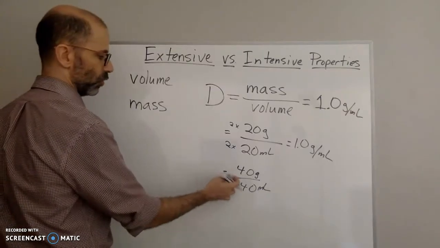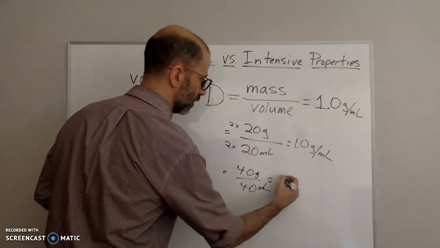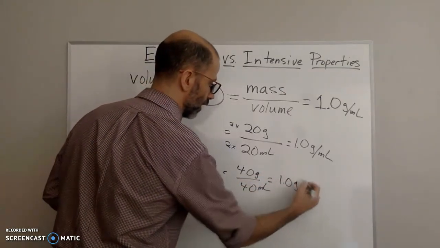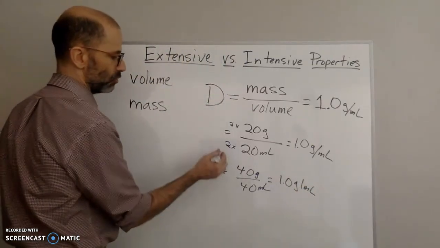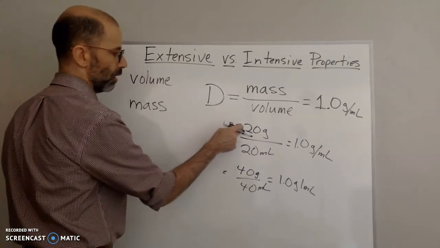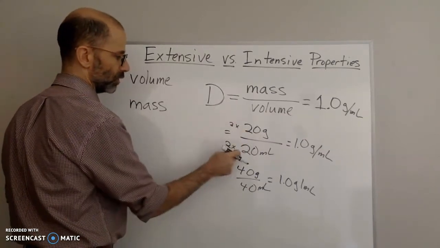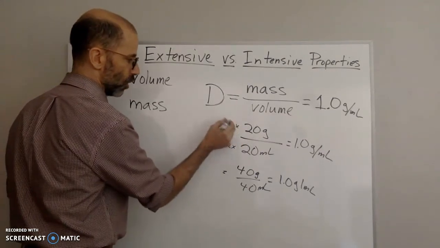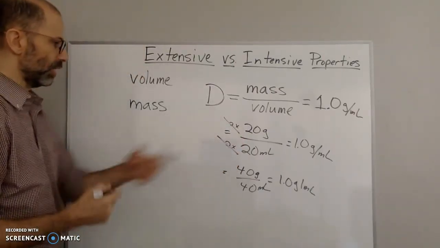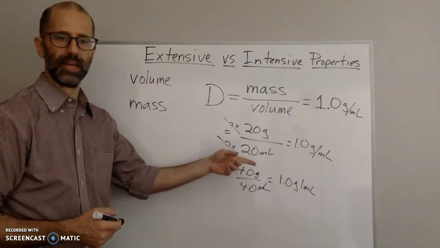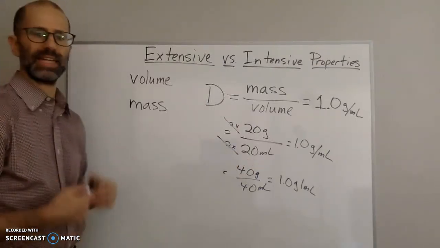I still get 1-to-1. That's still going to give me 1.0 grams per mil. You can see that also by, look, I'm multiplying by 2 here, I'm multiplying by 2 here. These are divided, so whatever you have on the top cancels with whatever you have on the bottom, and it stays the same. So this is an example of an intensive property.